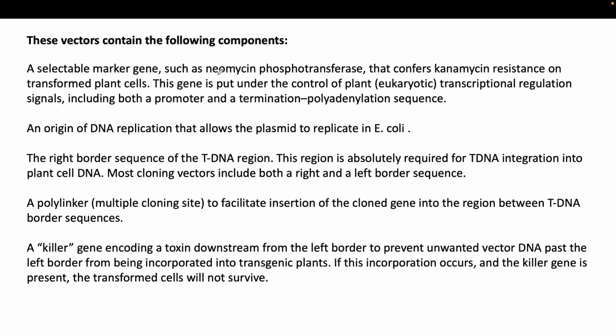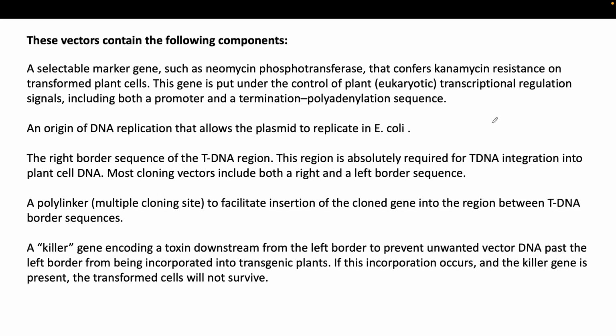Those cells which have this kanamycin resistance gene will grow on the plate containing kanamycin.